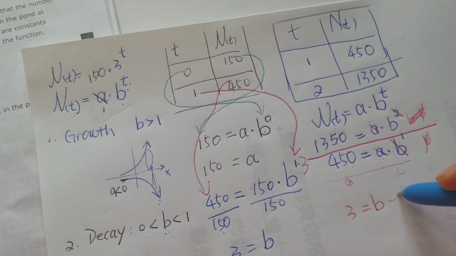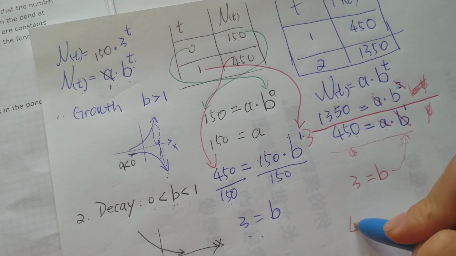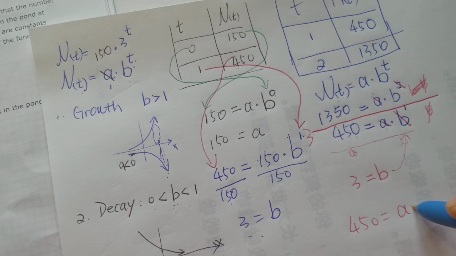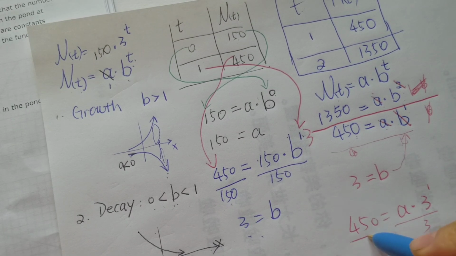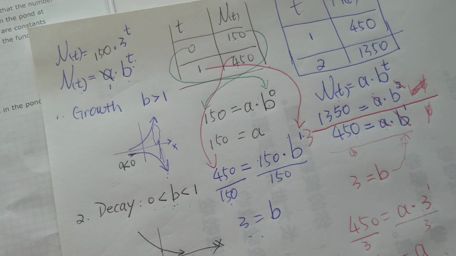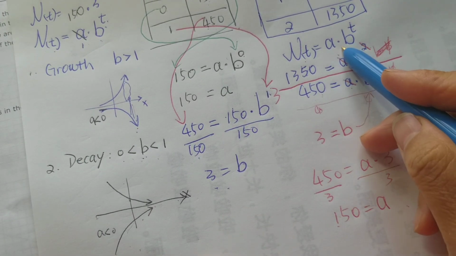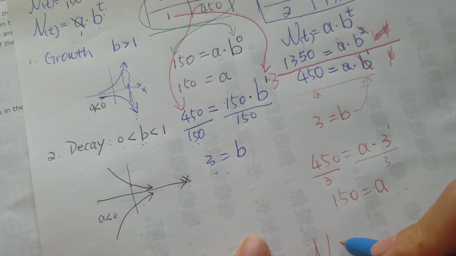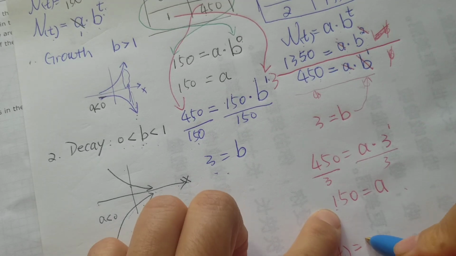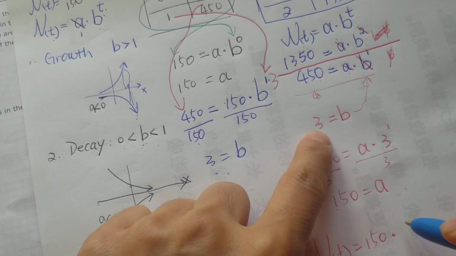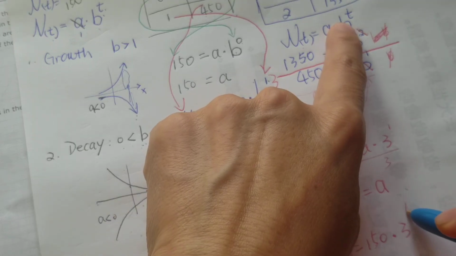Now you just need to substitute it back here with 450 equals a times 3 to the power of 1, and divide by 3 on both sides. You have a equals 150. Now you just need to substitute those two back to here. Still, N of t equals a, 150, times b, 3, to the power of t.